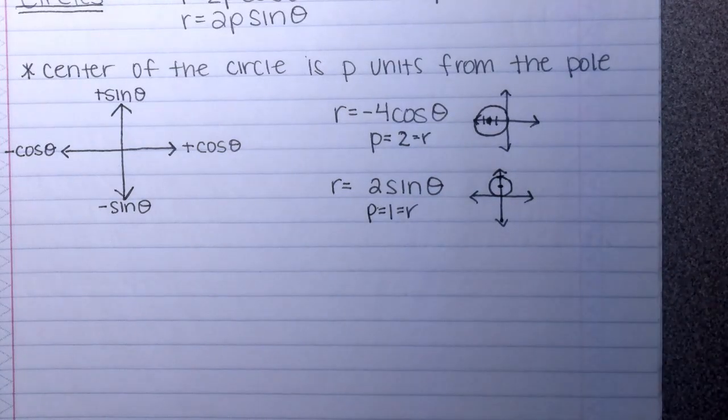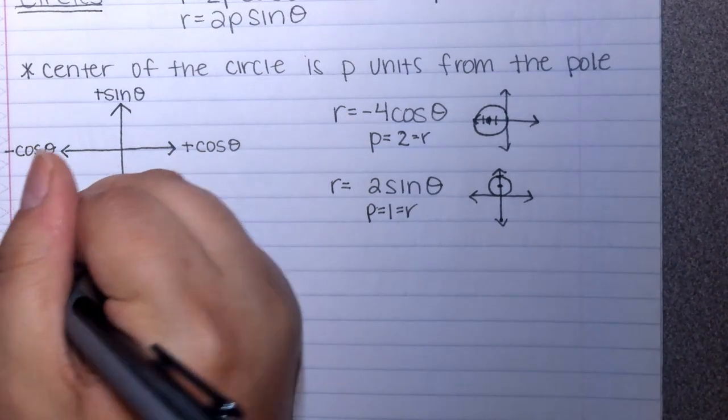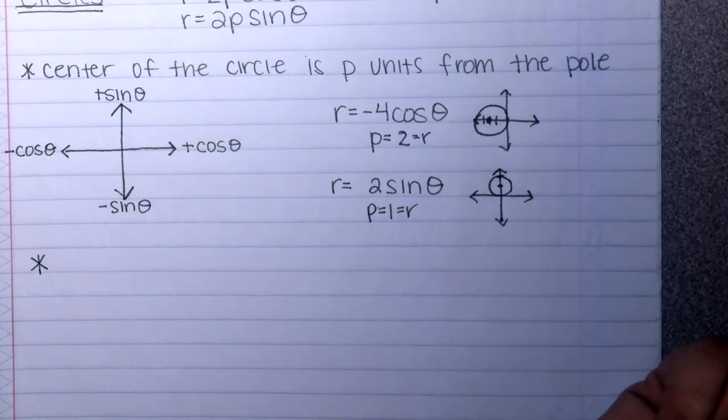Last but not least, what was the other type of case where we had a circle? There was one other type of equation that gave us a circle.